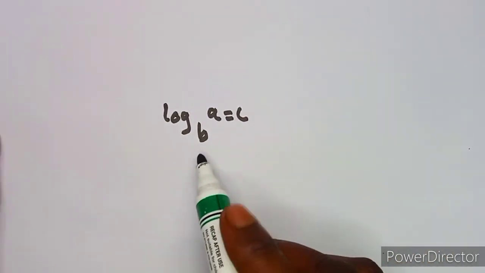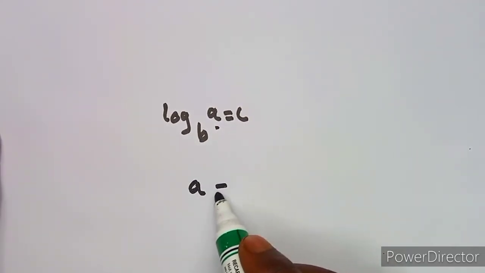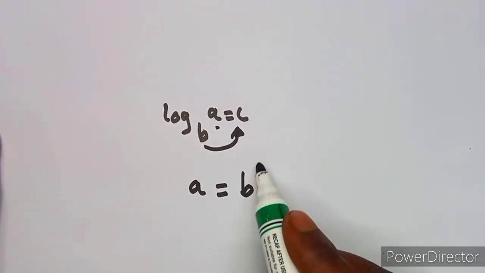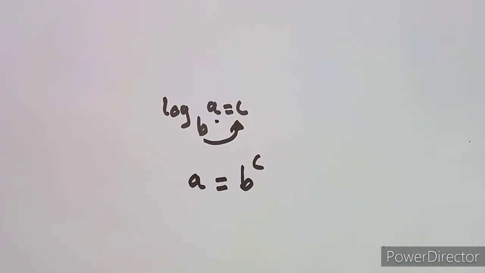So you're supposed to rearrange. Remember, I said we are going to write a is equal to b to the exponent of c. It's now in exponential form, so that can be the first type of equation that you want to solve. So how am I going to solve such an equation using this concept?